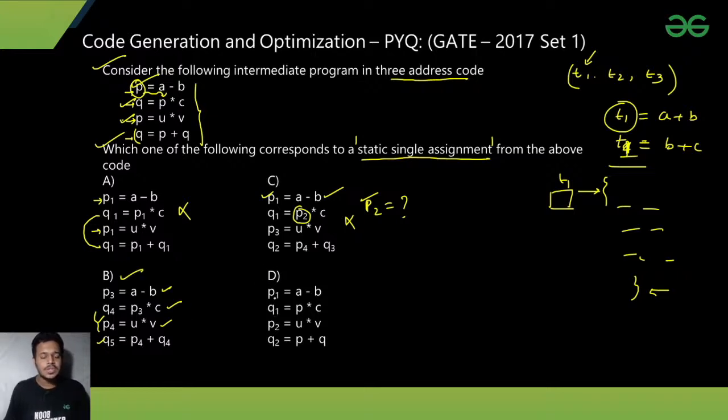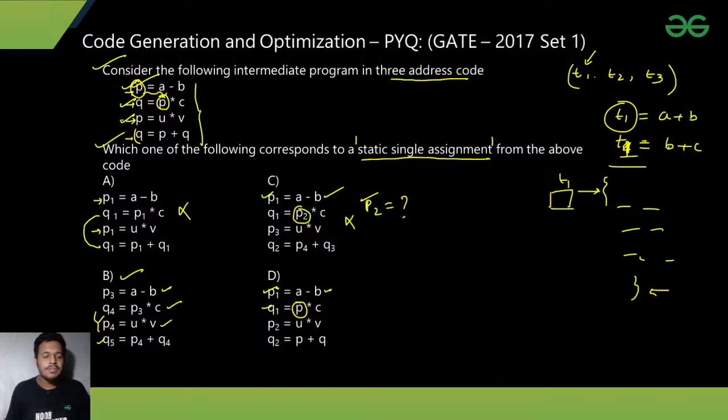Now let's check option D also for the sake of performance. Here you can see that P1 is equal to A minus B, that's correct. Now Q1 is equal to P. In our original statement, this P is actually taking the value from the first statement.